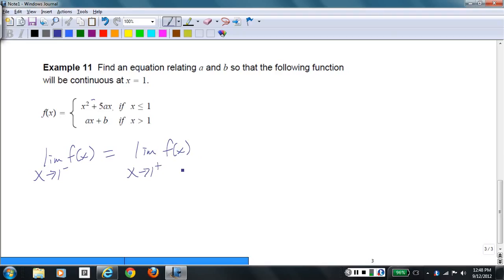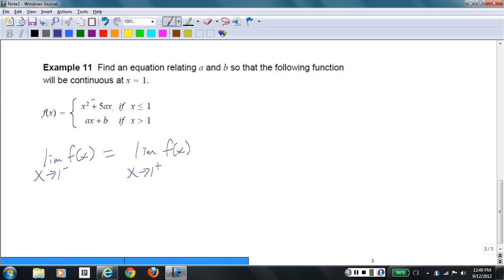I'm pretty sure both limits are going to exist because it's a polynomial either way. There's no concern with vertical asymptotes or any kind of bizarre behavior, regardless of how we choose a and b. So the limits are going to exist. We just need them to equal each other.